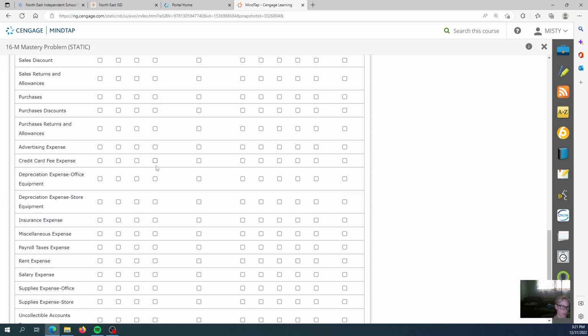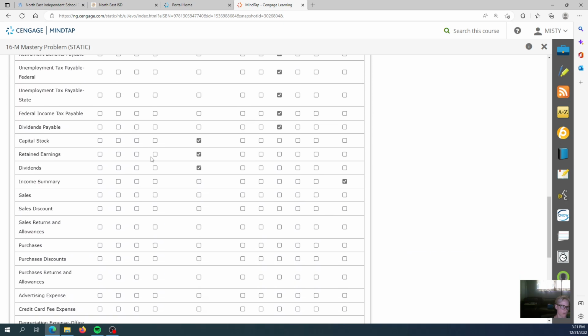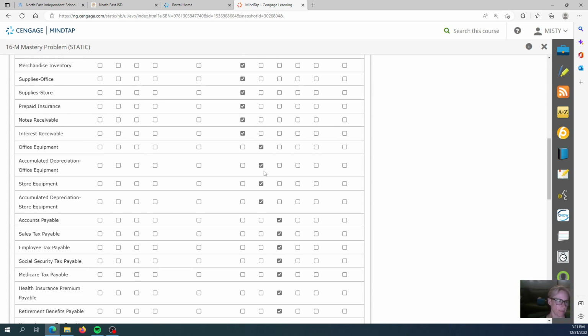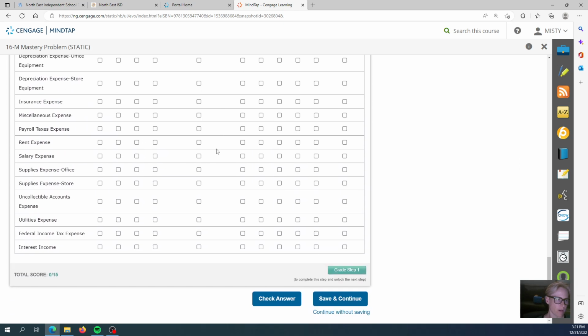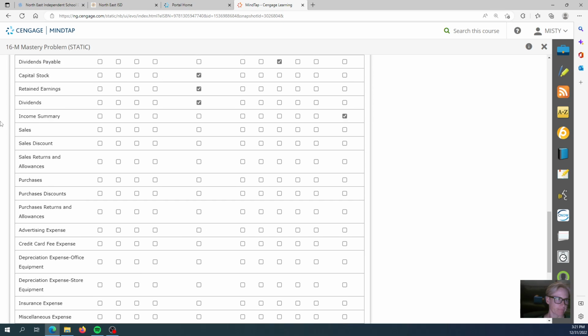Then we have everything that goes on the income statement. Which, by the way, of course, we have our sales. Where is it at? Sales. That's our revenue. Then we have sales discount, sales return, and allowances.